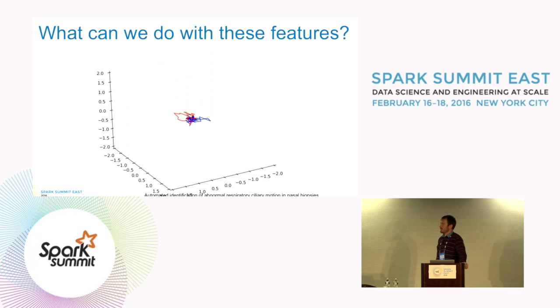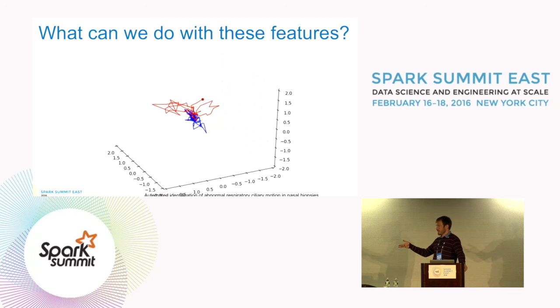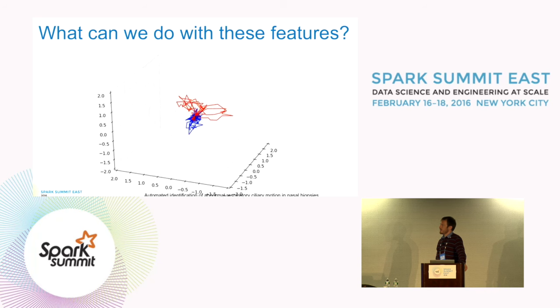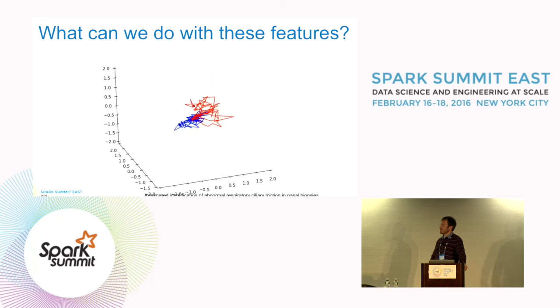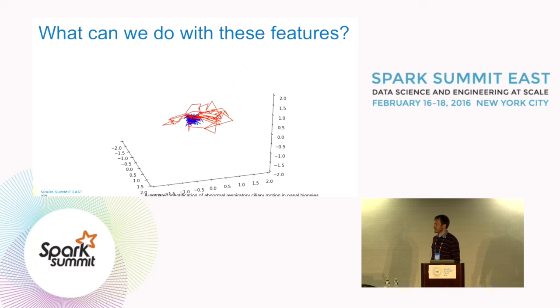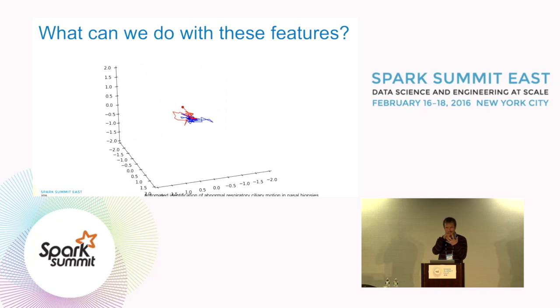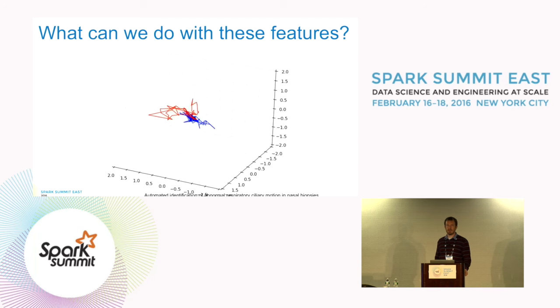So the red is normal, and the blue is diseased. And what we see is healthy motion has a much larger degree of freedom to move around in this low-dimensional state space. The blue abnormal motion just tends to stay right around the origin in a very small bubble.